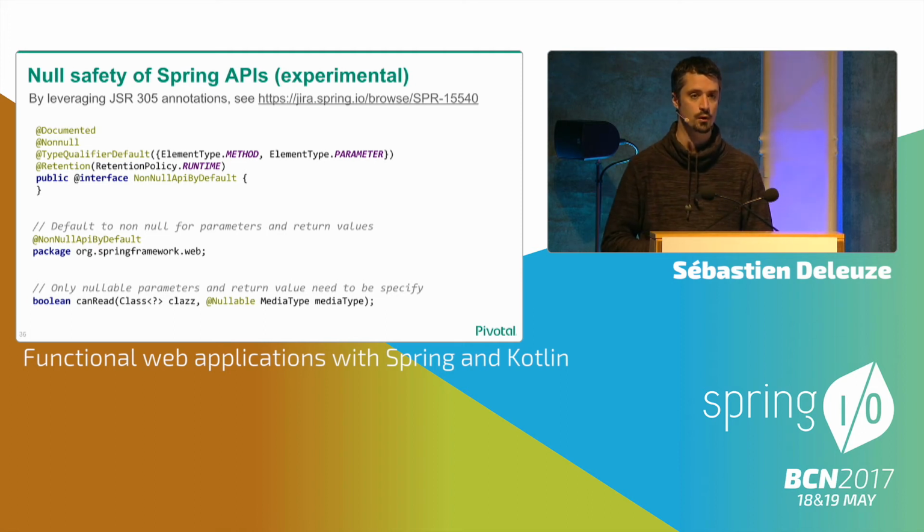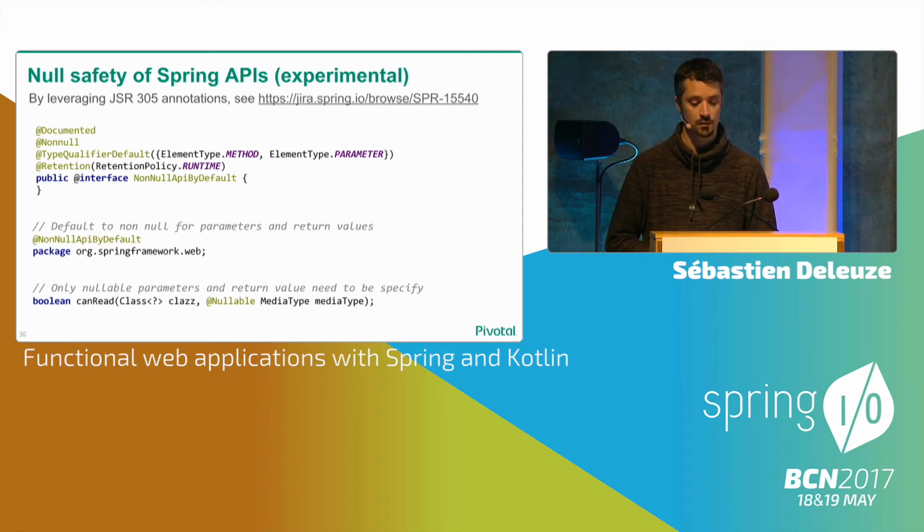Basically, by default, Kotlin considers that for the Java API of Spring, for parameters and return values, the null safety is unknown. And Kotlin compiler could leverage annotations that we could put in Spring Java API to know the null safety of return values or parameters.